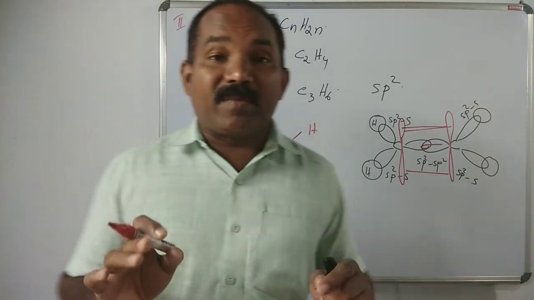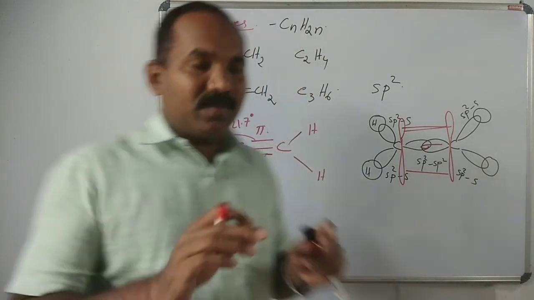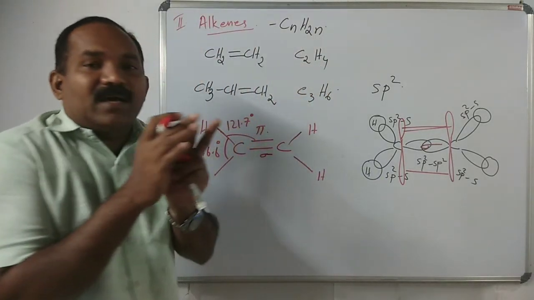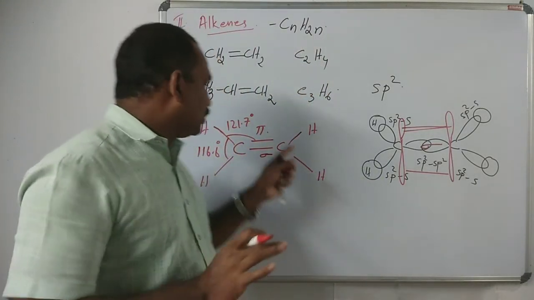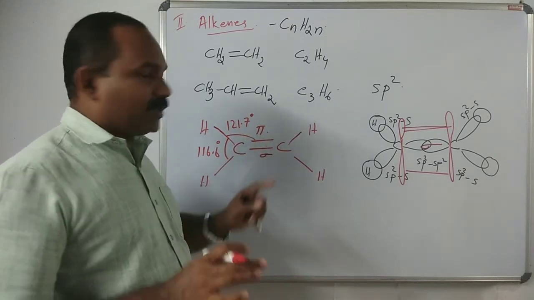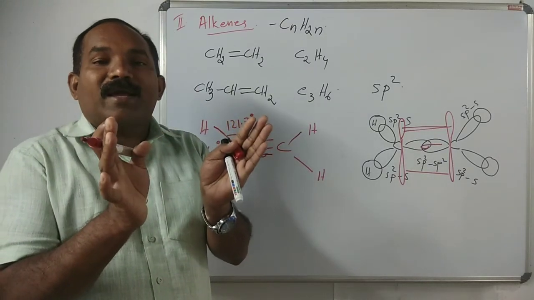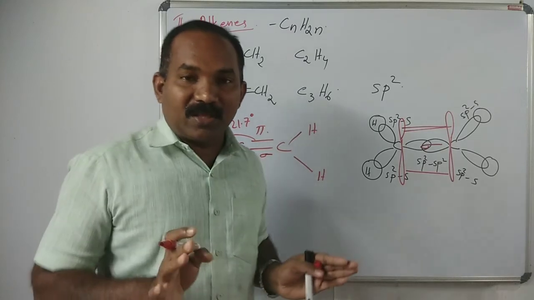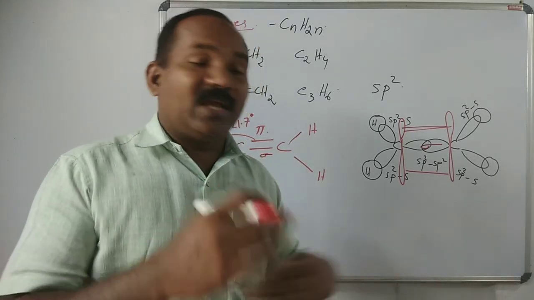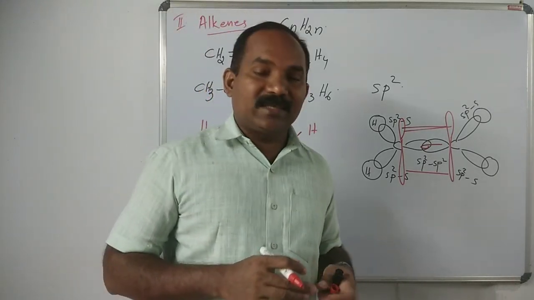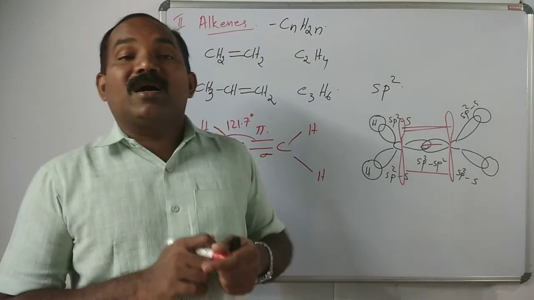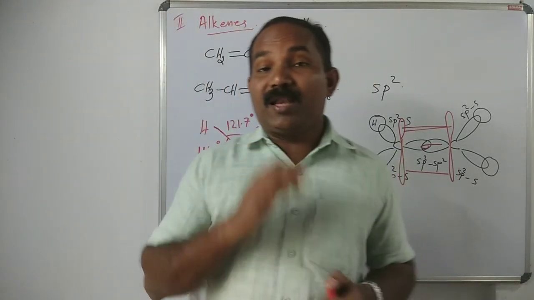In sp2 hybridization the bond angle is 120, but the bond angle is a little larger than expected because of the pi electrons. So the bond angle is slightly enlarged, changed into 121.7 degrees. So this is the structure of alkene.